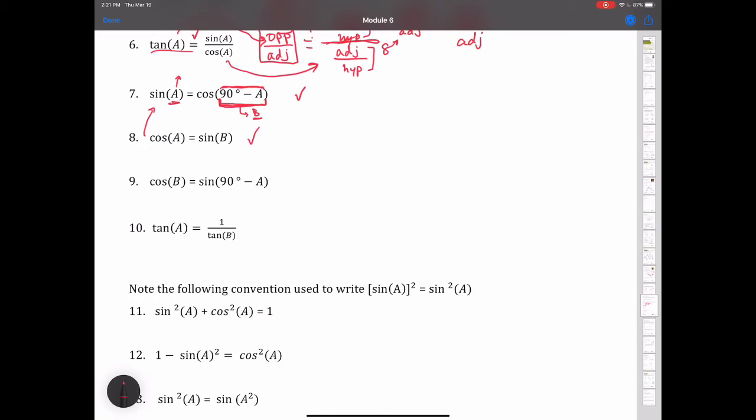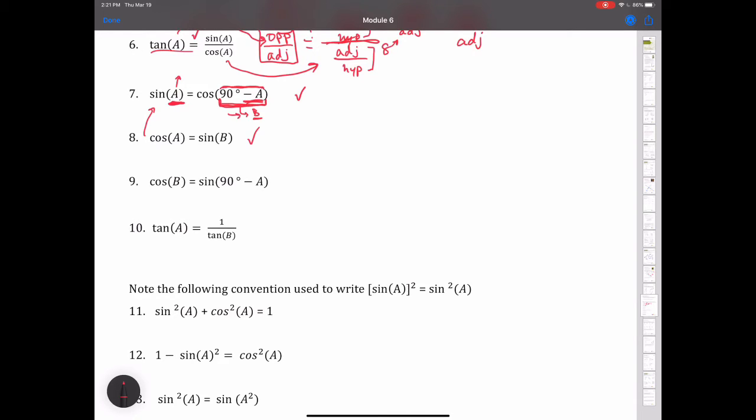And how about cosine of B equals sine of 90 minus A? Now, you might think, oh, we'll look right back up at number 7, and we already know that that's true. However, in number 7, we have A and 90 minus A, right?